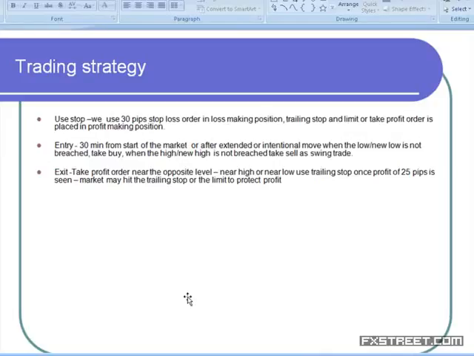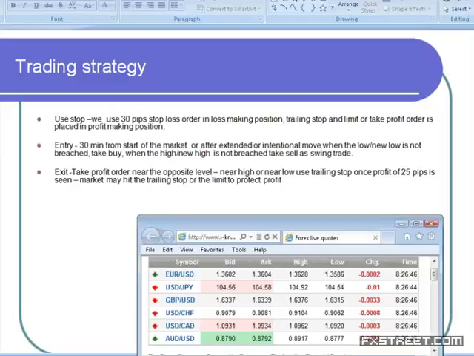So now with regard to the trading strategy, we keep a 30 pips stop. Why should we choose 30 pips? Because the market is stagnant, so I am using the time to explain. See, normally the moves, they do it until it is closer to the data release.